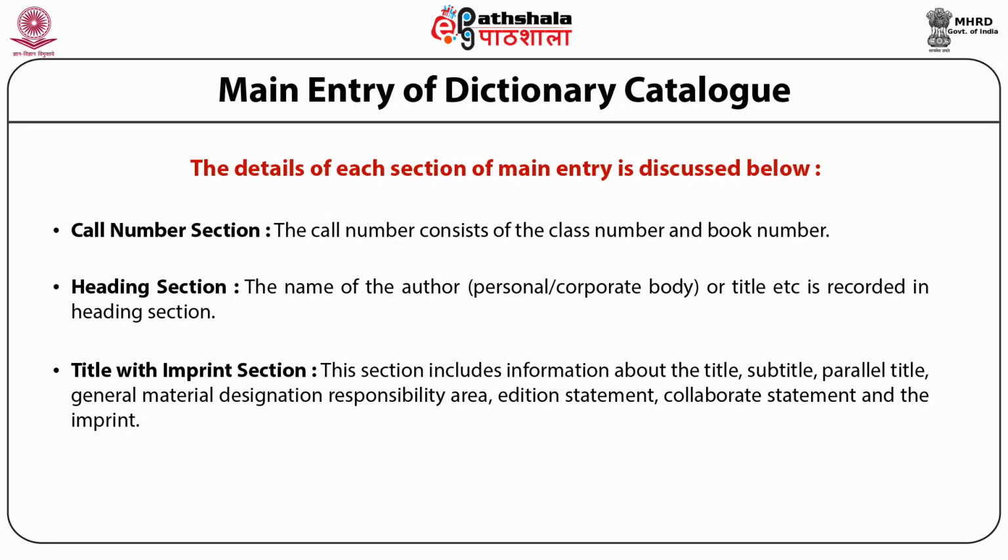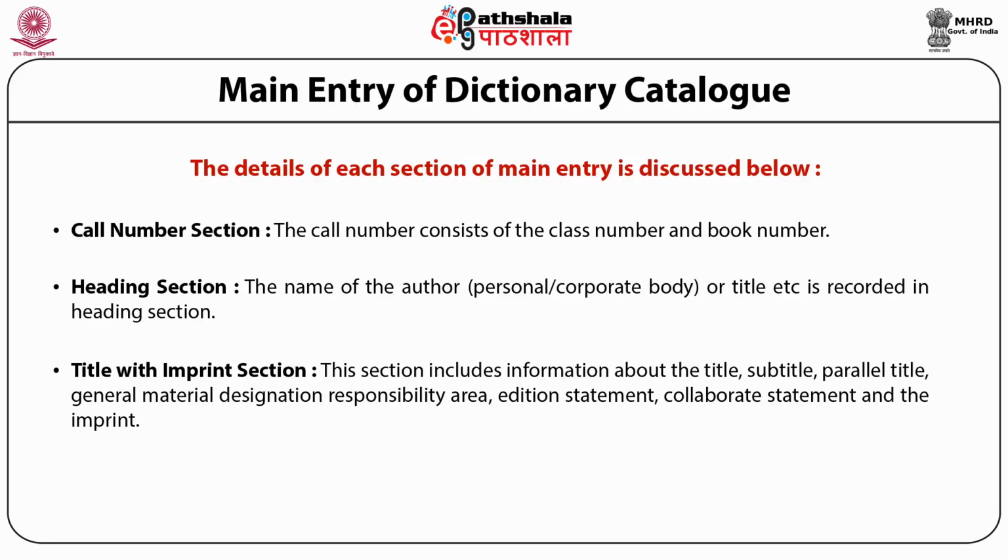This section starts from the second indentation and continuation from the first indentation. If the book includes a parallel title also, it is recorded immediately after the title proper in the order indicated by the sequence, preceded by the punctuation equal sign.